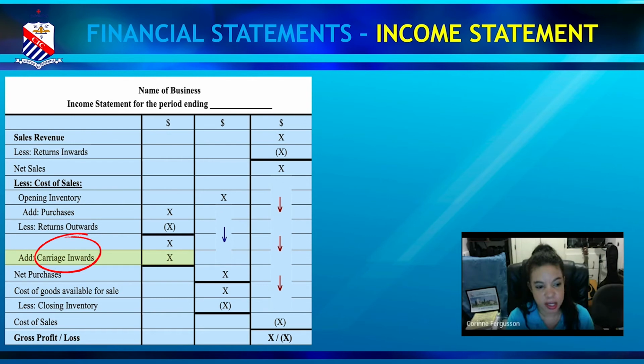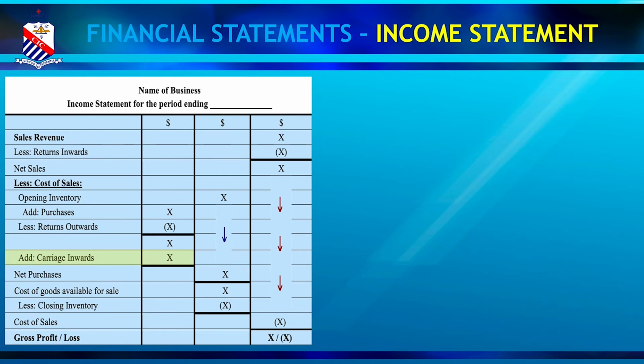So this is the only one up here that you might get an accrual or a prepayment. If you see anything with carriage inwards, like an accrual or prepayment, you do the same thing you do for everything else. AA, add accrual, or you less prepayment. Simple, okay? So here you would do that.